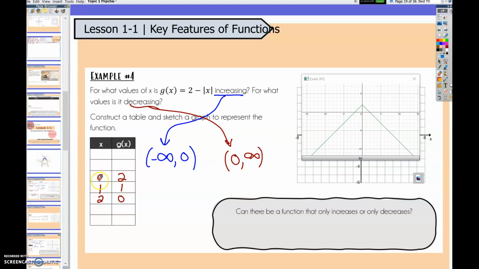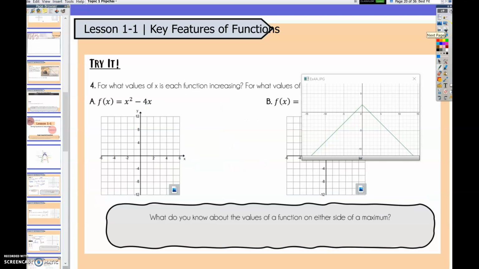Now, you can use this table of values over here. I've filled in a couple of them. But for the most part, you just want to look at the slopes. When was it a positive slope to be increasing, or a negative slope to be decreasing? A little bit to think about. Can there be a function that only increases or only decreases? See if you can think of any.